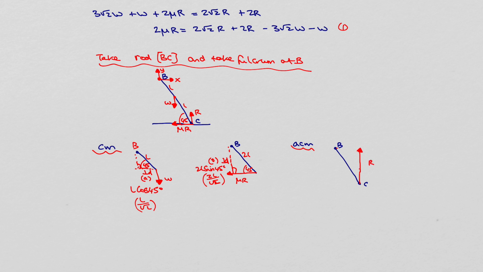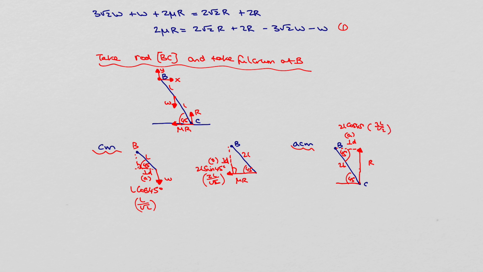So again, if I want my perpendicular distance to the fulcrum, well then, here's 45, so we have alternate angles, 45. So therefore this is the adjacent that we're looking for, where the hypotenuse is 2L. So the adjacent is going to be 2L cos 45, which is 2L over root 2. So now we have all our perpendicular distances.